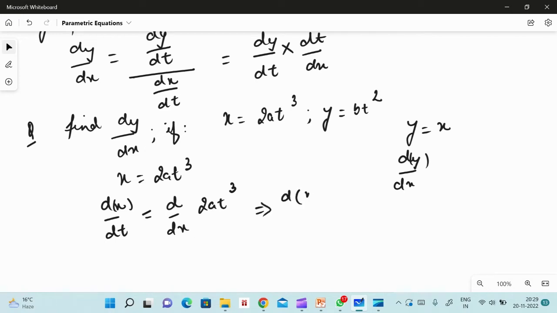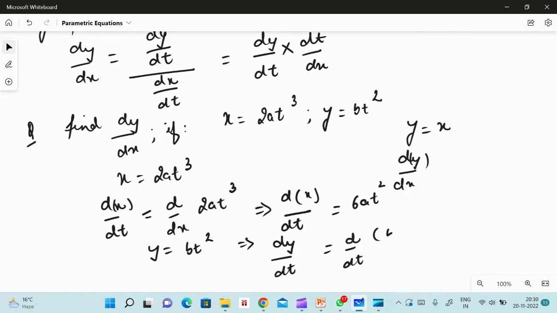So this will give me dx upon dt is equal to 6at square. Fine. And y is equal to bt square, it is given. So in this case, dy by dt is equal to d by dt of bt square. This gives me 2bt.